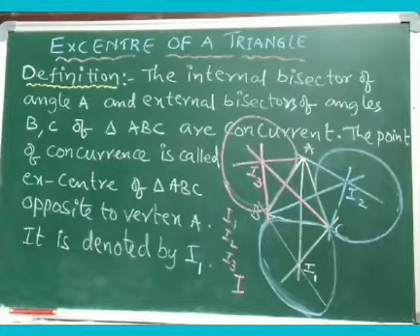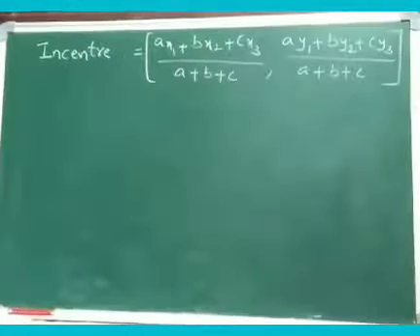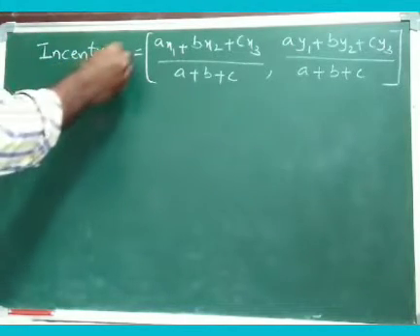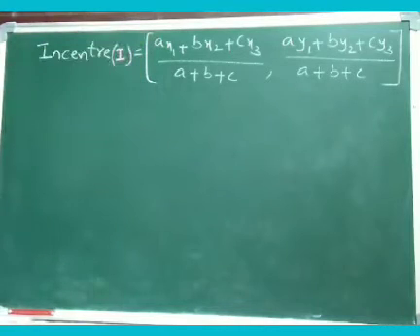Once you recall the incenter formula, the incenter, which is denoted with I, is (ax1 + bx2 + cx3)/(a + b + c), comma (ay1 + by2 + cy3)/(a + b + c).